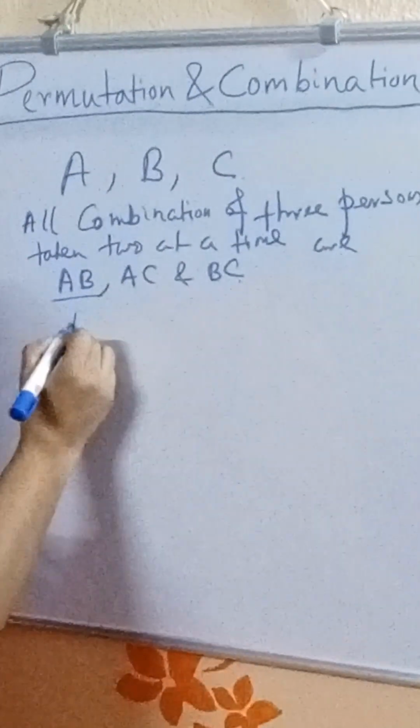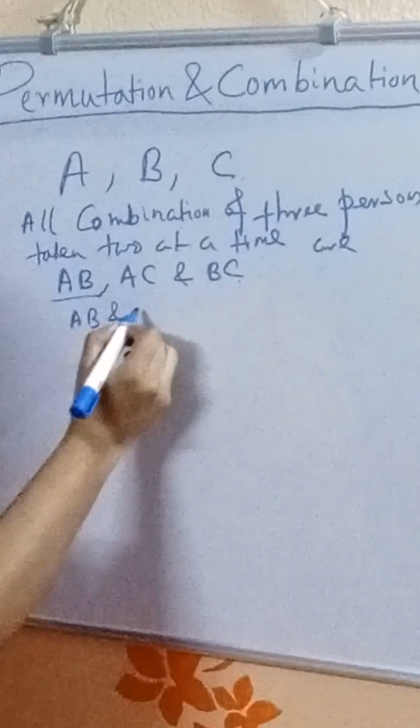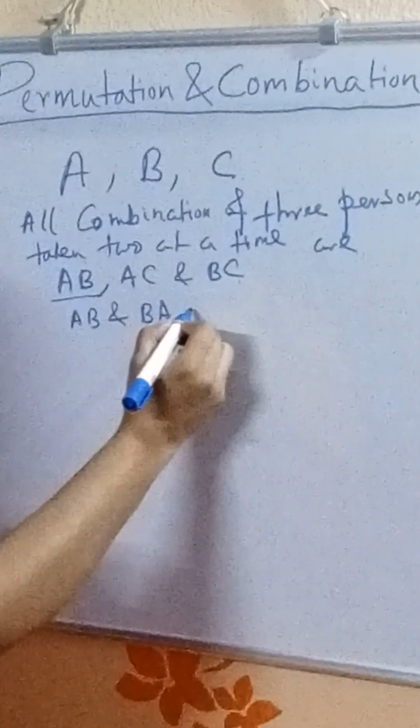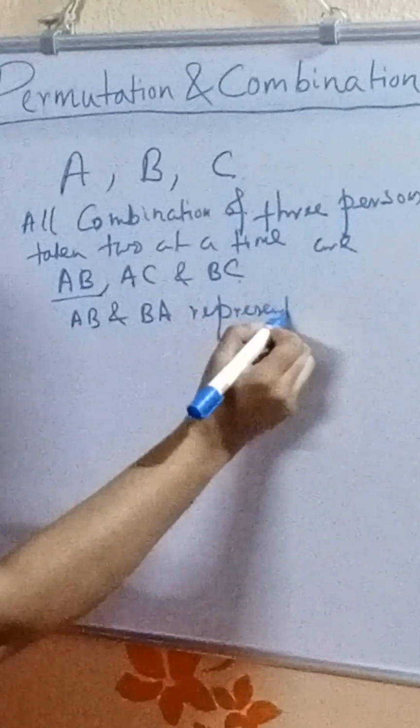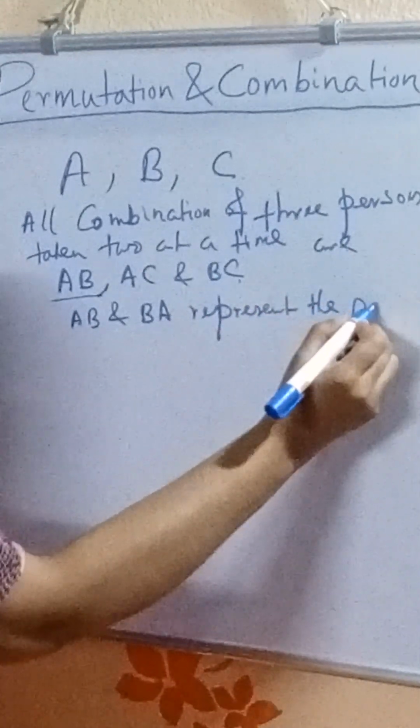Here AB and BA represent the same combination.